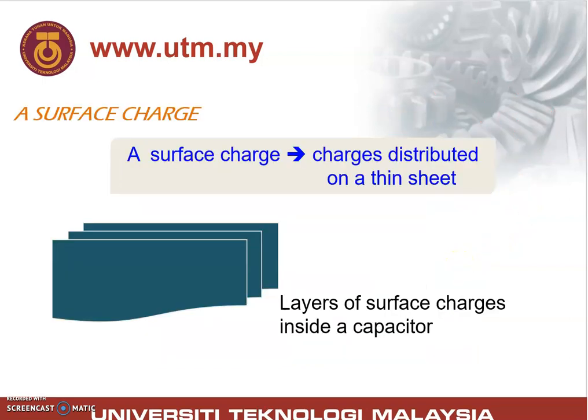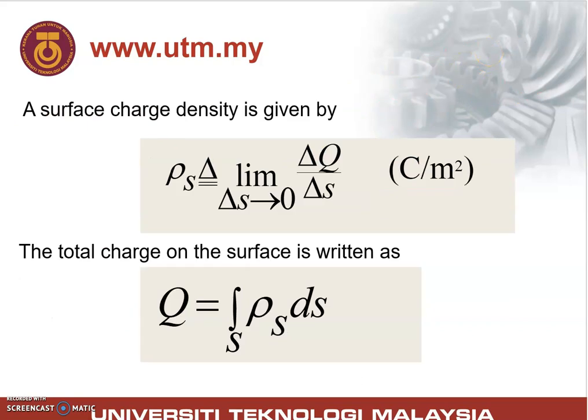A surface charge is a charge distributed on a thin sheet, such as layers of surface charges inside a capacitor. As you know, a capacitor has conductors separated by a dielectric. Now, the surface charge density is given by rho s, and the unit is coulomb per meter squared.